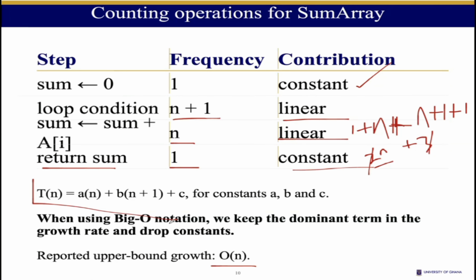When using big O notation, we keep the dominant term in the growth, which is the n, and drop all constants. That is why when we had 2n plus 3, we drop all the constant terms and leave the dominant n term where the growth is. Then we get what? Big O of n.